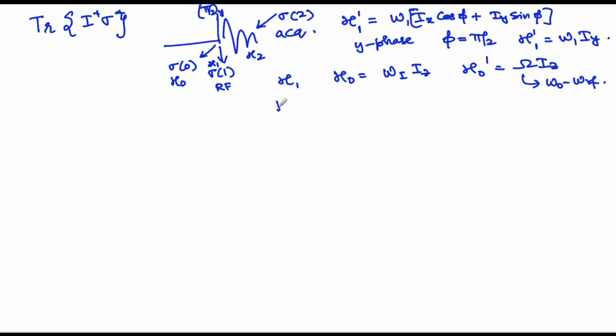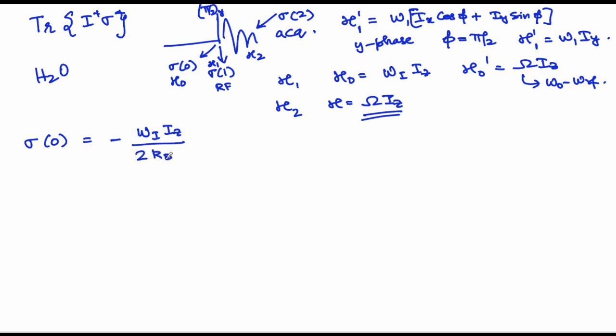And the Hamiltonian during the acquisition time, once again, you're going to be in the rotating frame. Let's only call for the chemical shift Hamiltonian. The sigma 0 is going to be given by minus omega Iz, and the dimensionality is 2 divided by kBT.